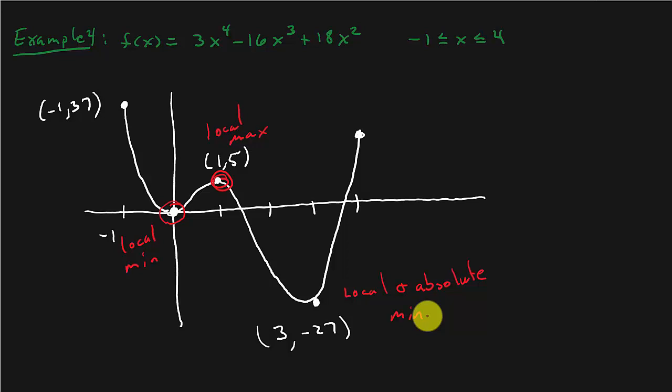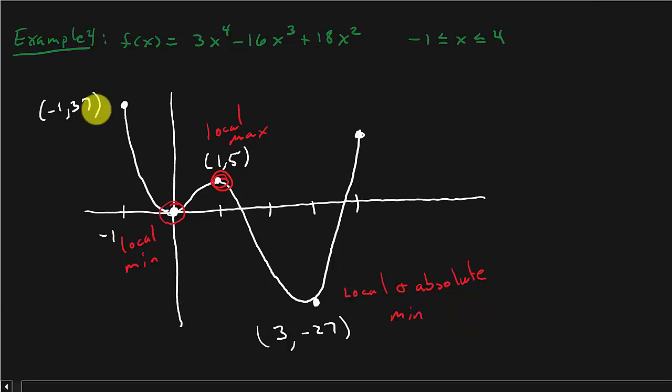Now, let's look at this point, -1, 37. This would be what? An absolute max. Okay, look at it. If we look at the height of it, in this interval from 1 to 4, it's the largest value.